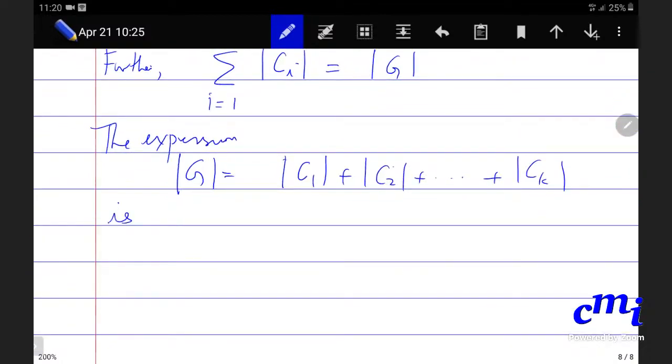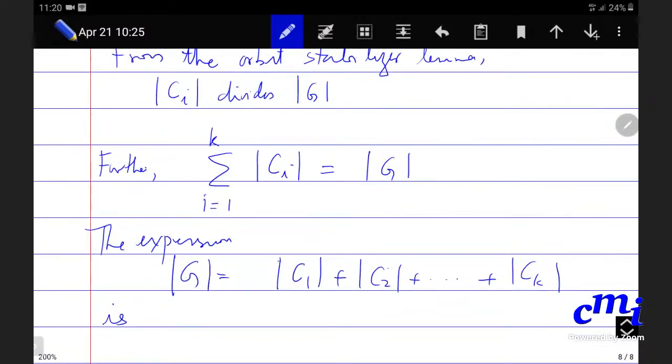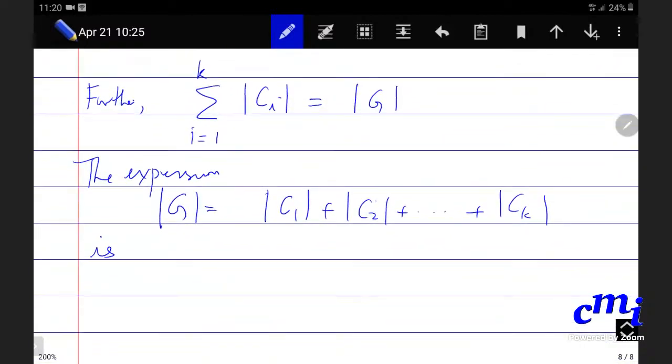It is true for a general action, but when we say class equation, we mean only this conjugacy convention. Whatever we said is true, but now I mean conjugacy classes. It's called the class equation.